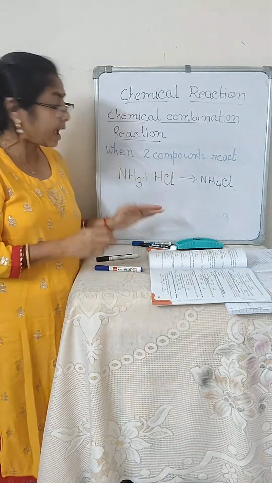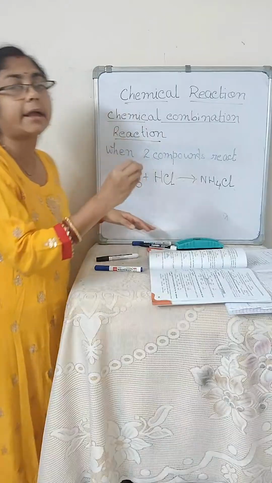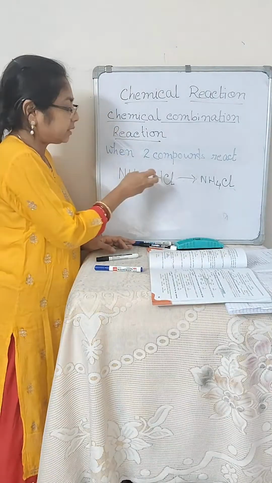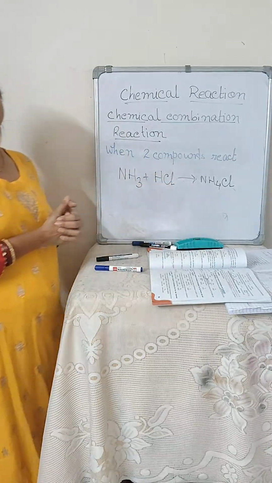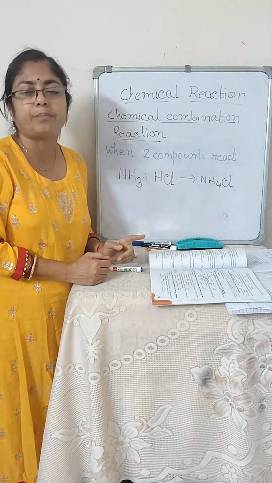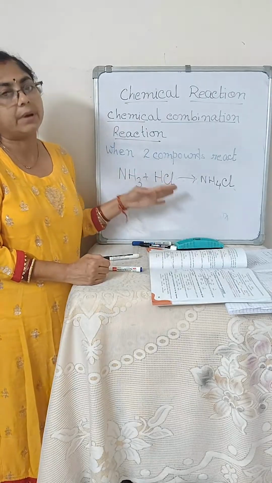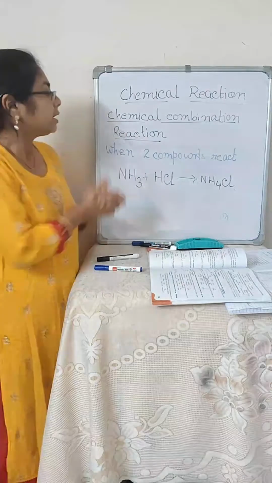Clear? And one more thing. In this equation, one more thing I tell. This is the base. This is the acid. And base and acid after reaction prepare a salt. Okay? Base and acid prepare a salt. 3-4 points you can cover in this equation.